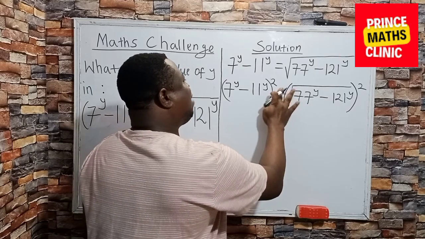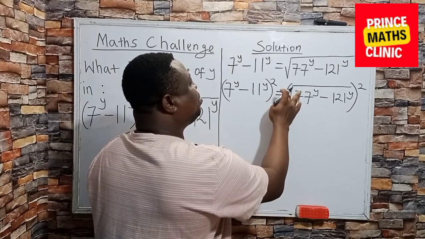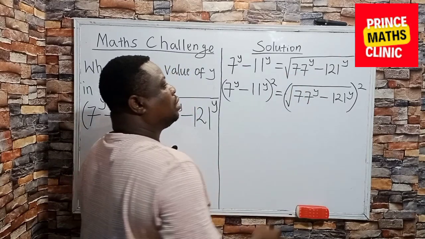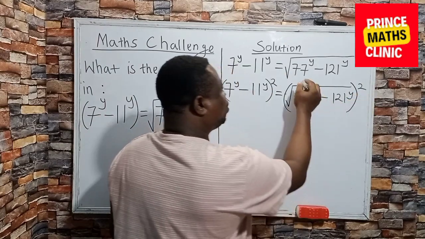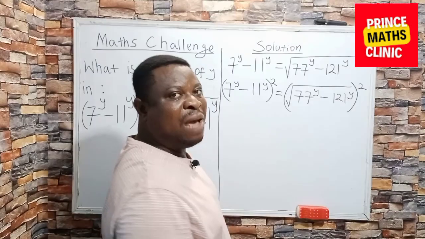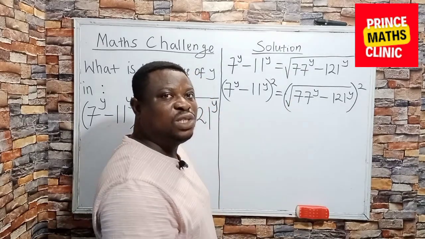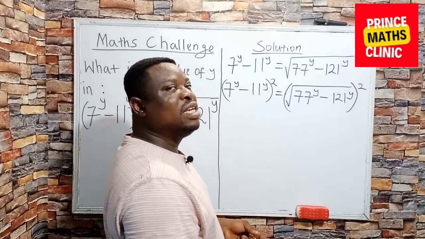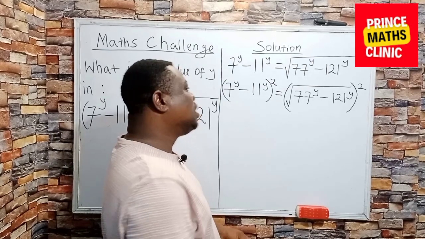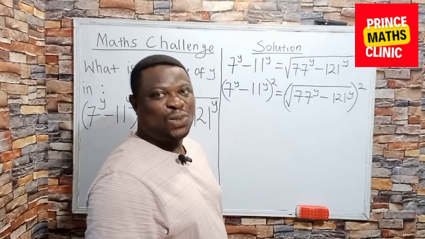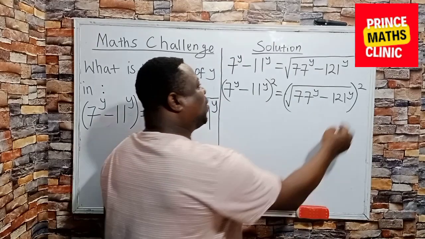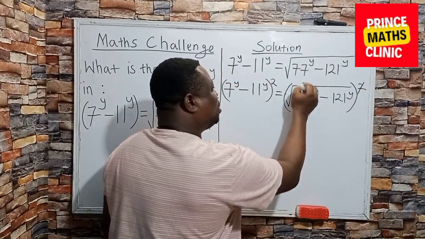Now, whenever you have a radical that is being squared, the square will cancel the square root. Whenever you have a radical or a square root that is being squared, the result becomes what is inside the square root. So in other words, the square here cancels the square root.